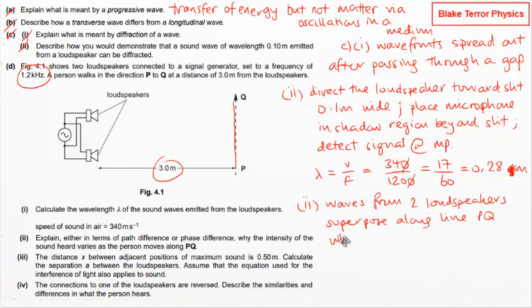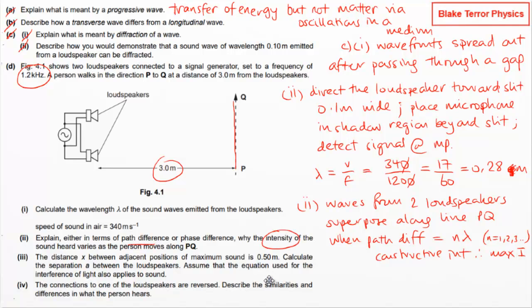Then we can say, when the path difference, because that was one of the options that they've given us here, so I'm going path difference rather than phase difference, when the path difference is equal to an integer number of wavelengths, so that's for n equals 1, 2, 3, etc., then we're going to get constructive interference. Therefore, we're going to get maximum intensity.